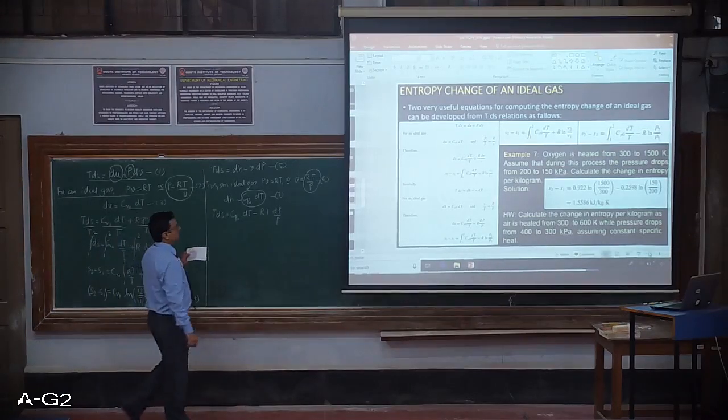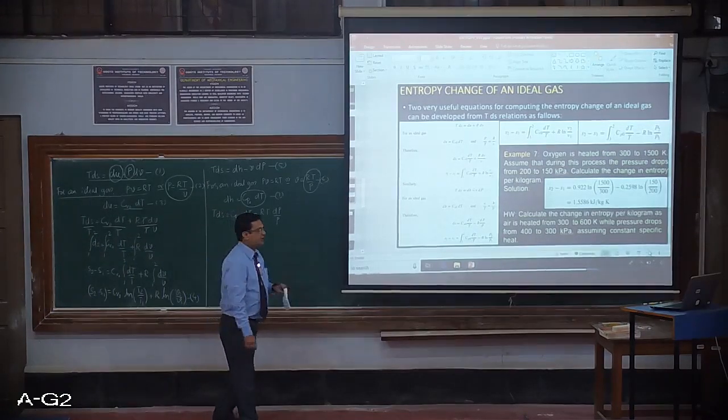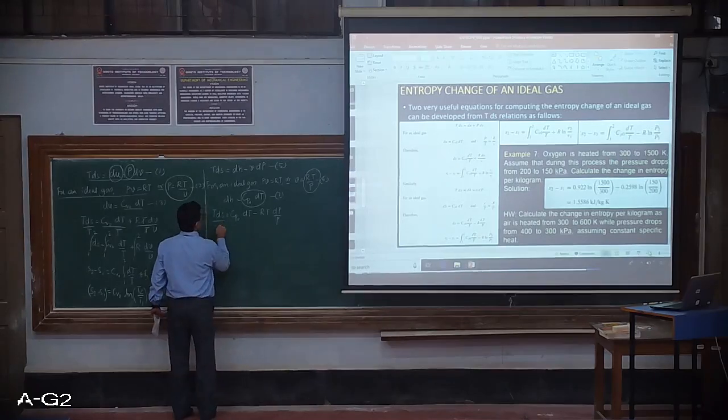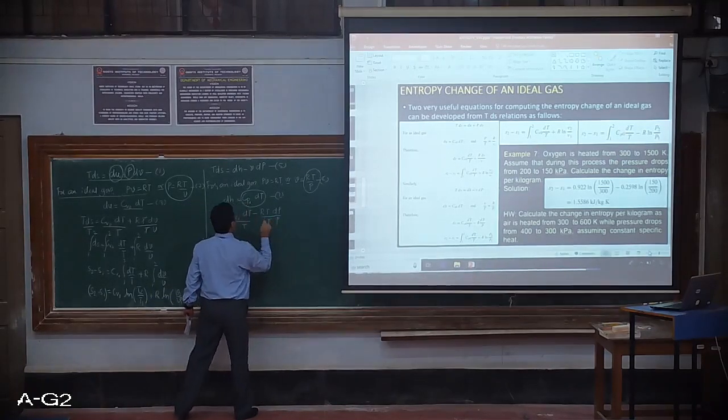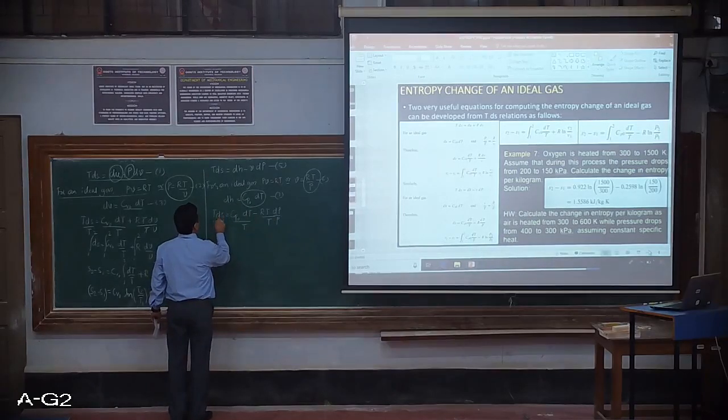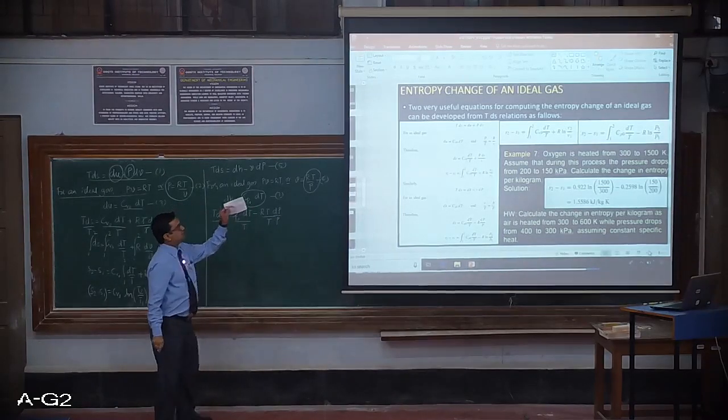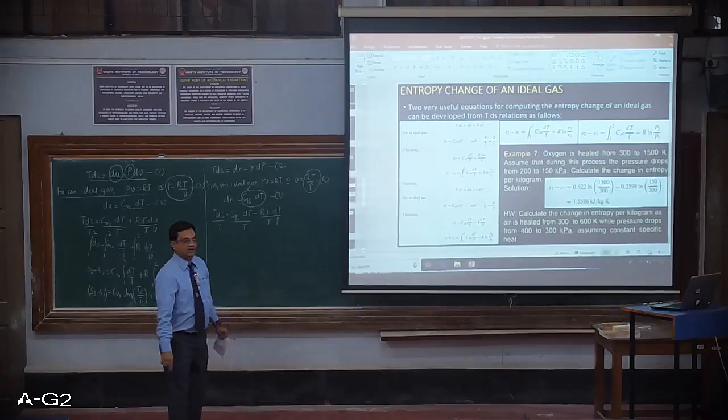Next step is to divide both sides by temperature. So this by T, the whole thing by T, and this by T. Again the objective is to get the change in entropy of an ideal gas.